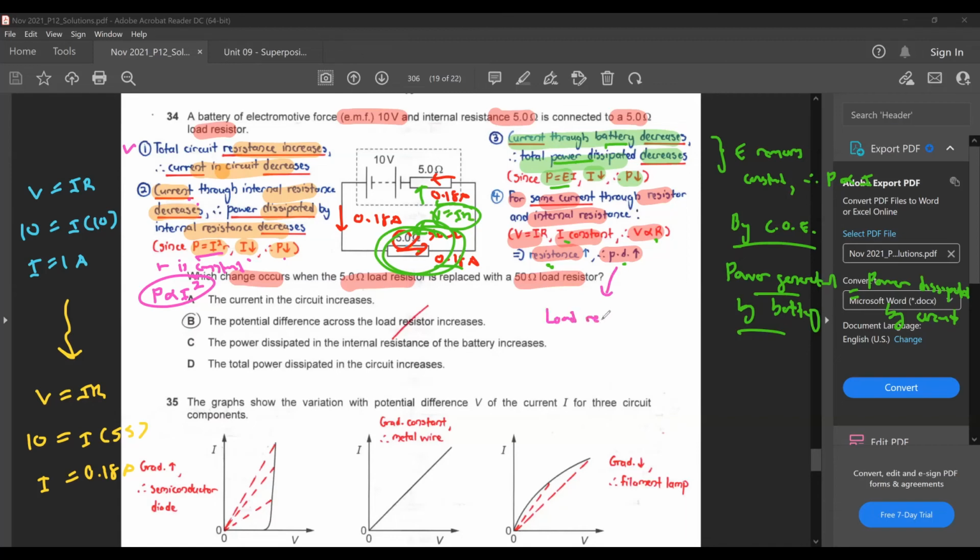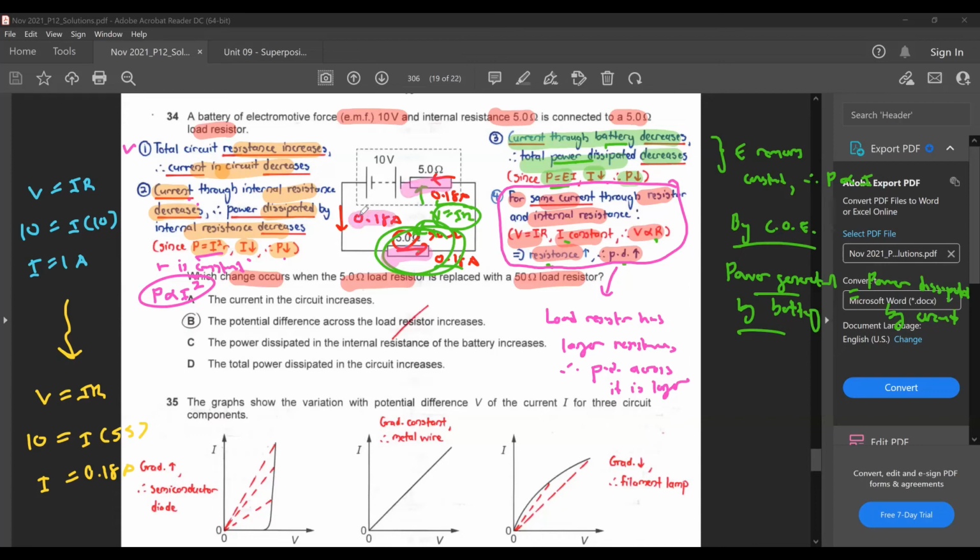The load resistor has larger resistance, therefore the PD across it is larger. This description is talking about my load resistor. I'm trying to compare the load resistor and the internal resistance for the same current flowing through them.